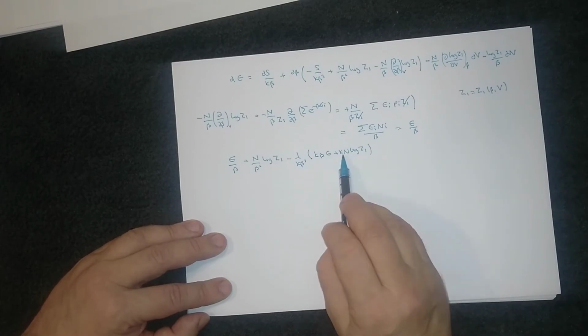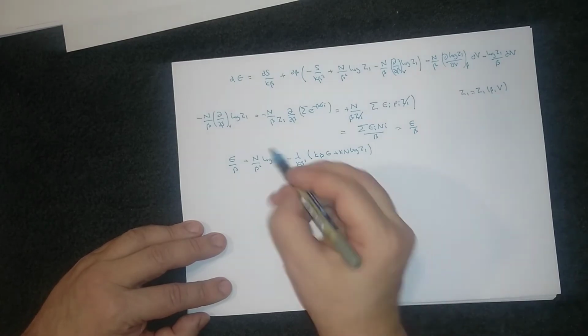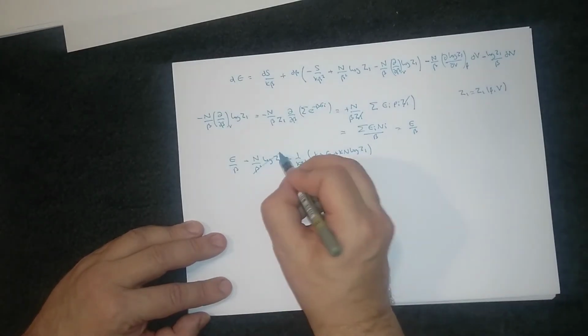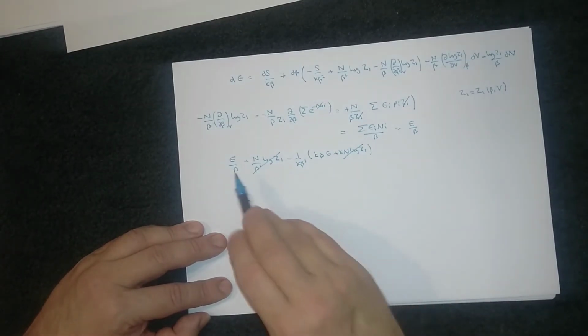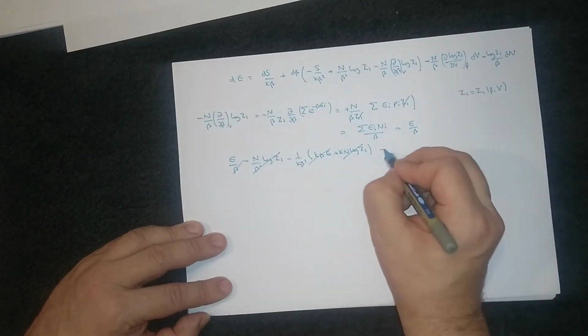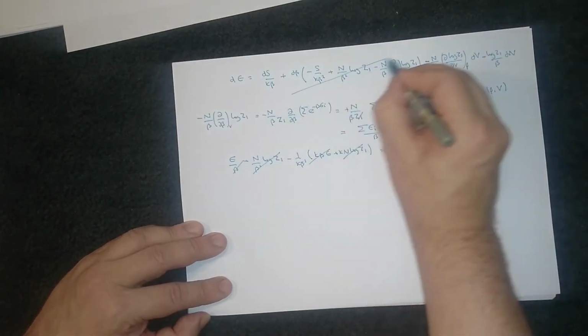The k's cancel, beta squared. So that exactly cancels with that. So 1 over beta E cancels with that, so that's 0. So all of that term goes away.